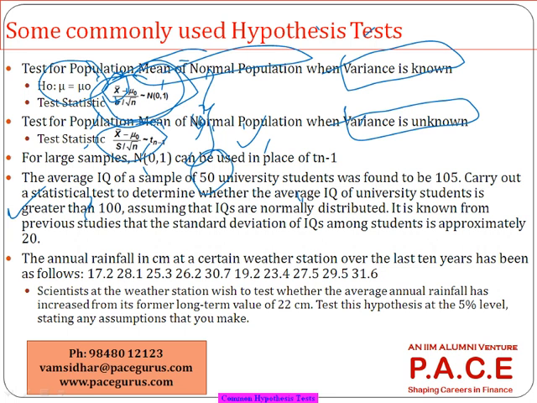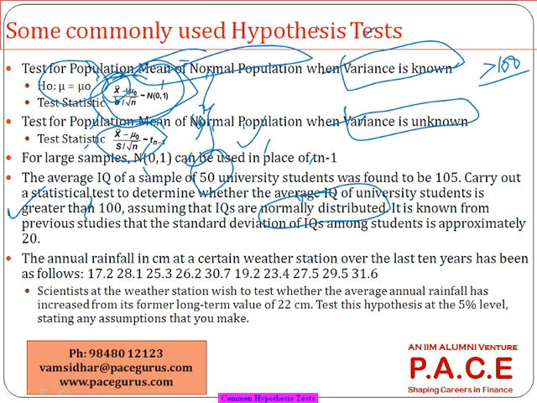Carry out a test to determine whether the average IQ is greater than 100. Greater than 100 is what I have to test. And it is given that it is normally distributed. A very important point: the question is about the population mean of a normally distributed population.